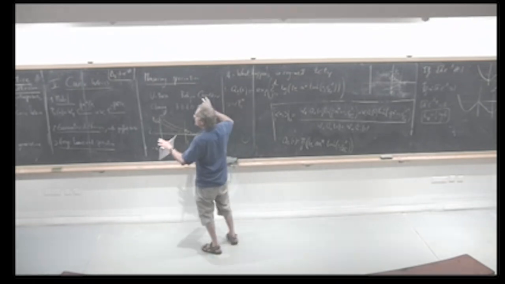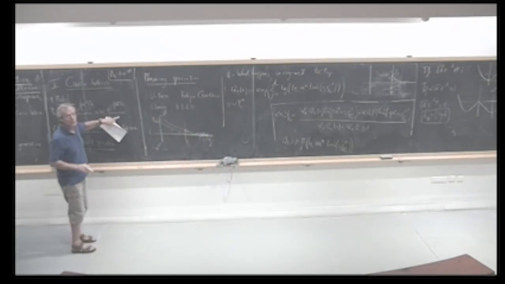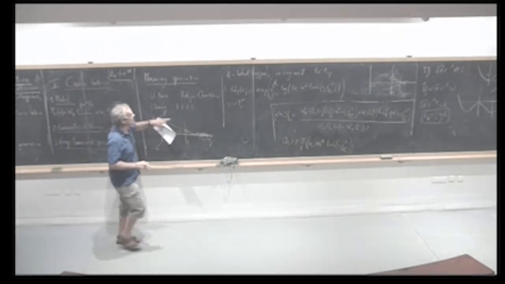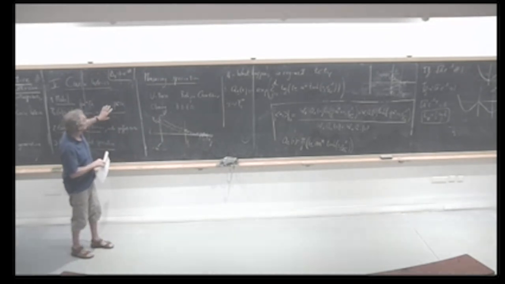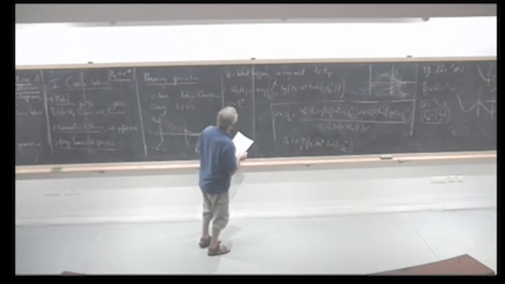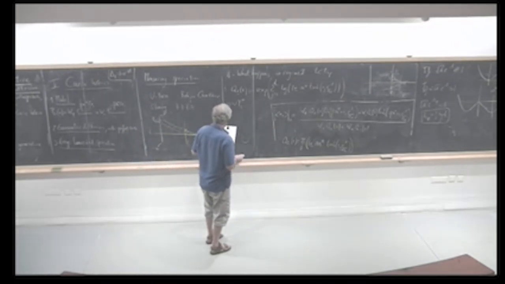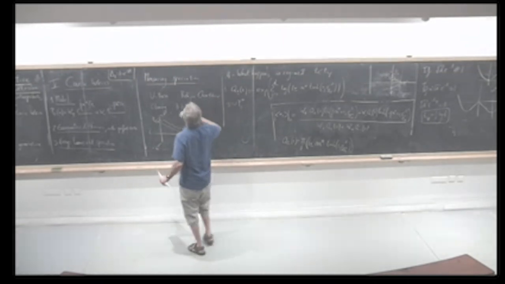You remember at the very beginning I had P0, with a P0 plus and a P0 minus, and I said P at time t is a superposition of a P_t plus, which is obtained from this by convolving with the Gaussian, and a P_t minus, which is obtained from that, convolved with the Gaussian. So what is the P_t plus of x? P_t plus of x is just a factorized distribution.